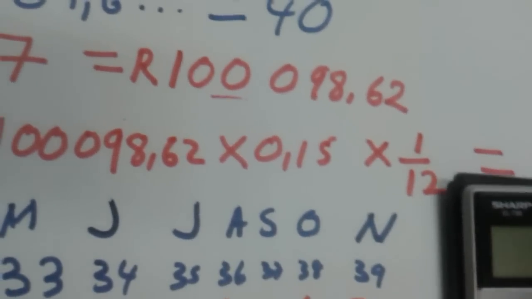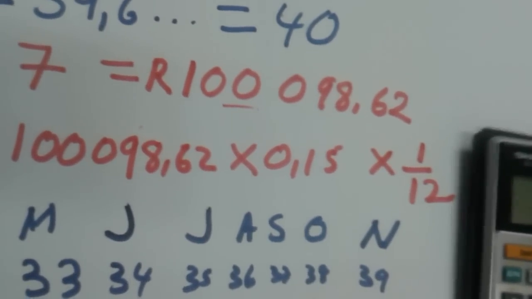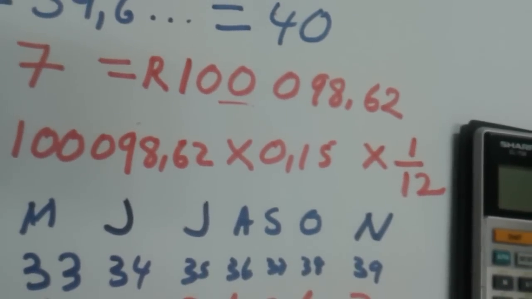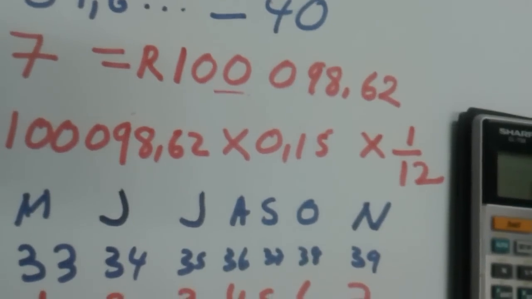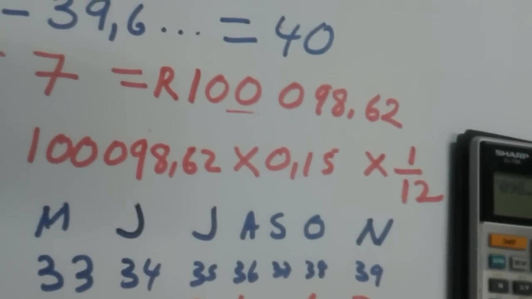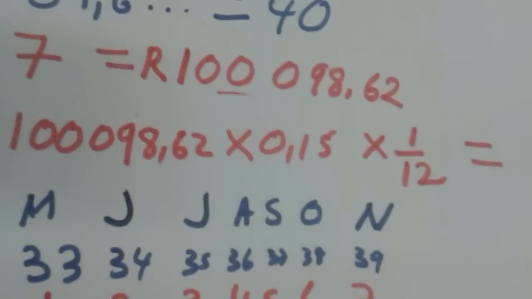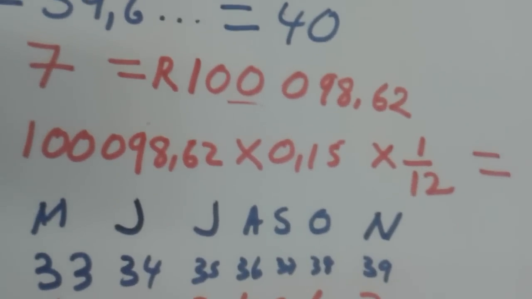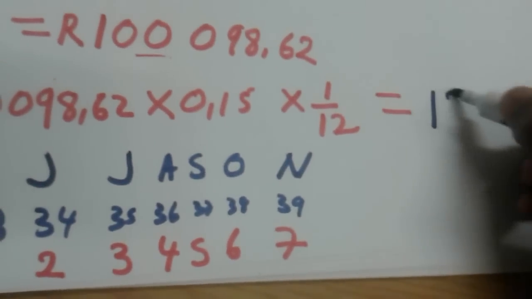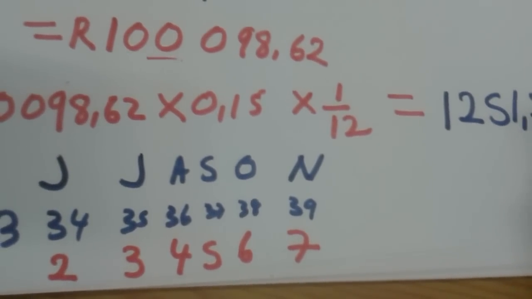I'll use my Sharp here. So 100,098.62. So that is times 0.15 times 1 divided by 12, and then you get 1251.23.